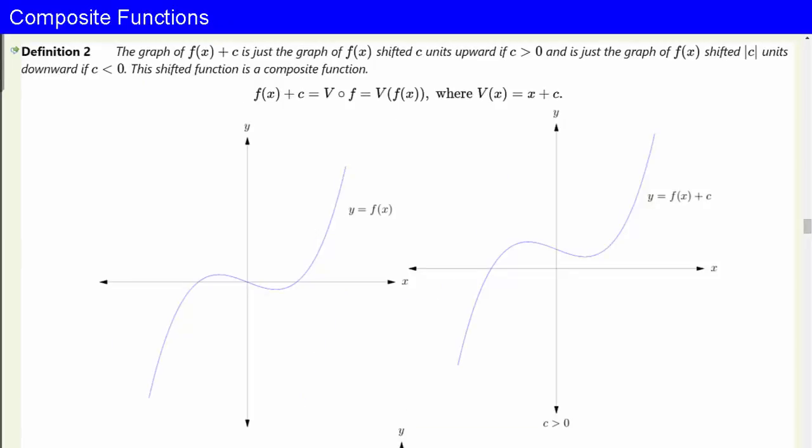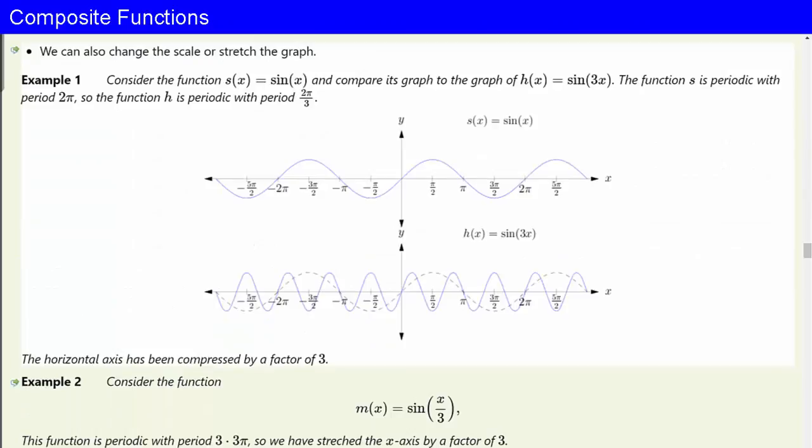In addition to translating a graph horizontally or vertically, we can change the scale, which is often called stretching the graph. For example, consider the function s of x equals sine x, and compare its graph with the graph of h of x equals sine 3x. The function s is periodic with period 2 pi, so the function h is periodic with period 2 pi over 3.